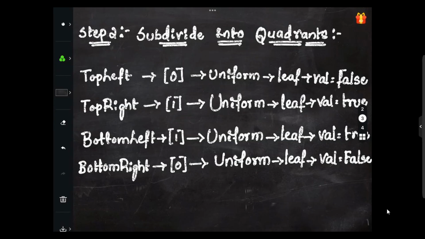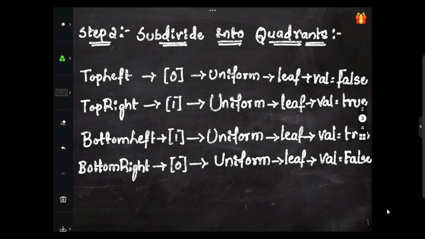We are subdividing into quadrants because the question asks us to create the quad tree such that each node represents a uniform grid region. In our case it is not uniform, so we divide the grid into four equal subgrids and recursively build the children.